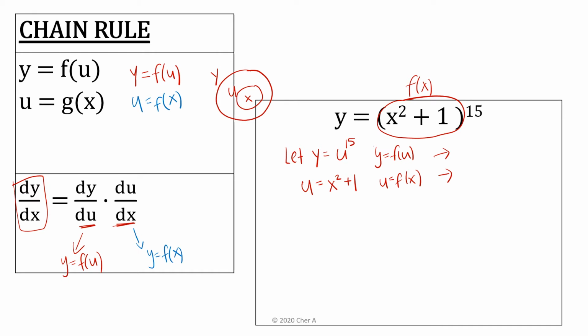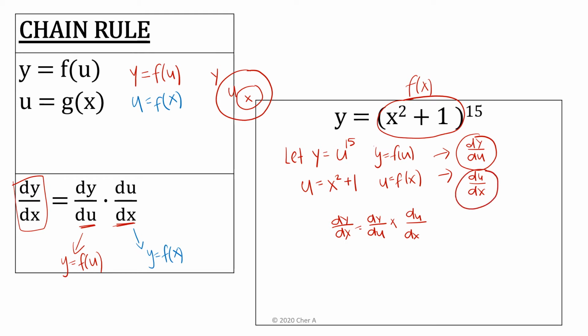When we differentiate y equals u to the power of 15, we will get our dy over du. When we differentiate u equals x squared plus 1, we will get du over dx. So let's use the chain rule now. The chain rule states that dy over dx is equal to dy over du, which is this one here, times du over dx, which is this one here.